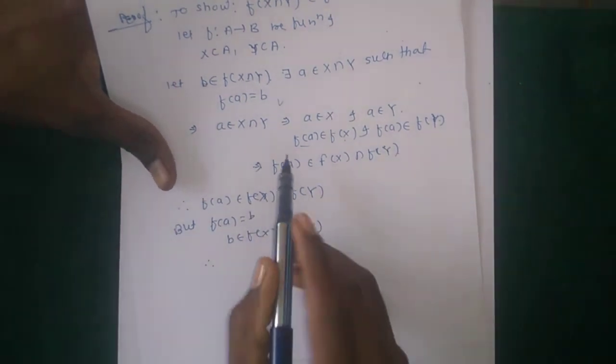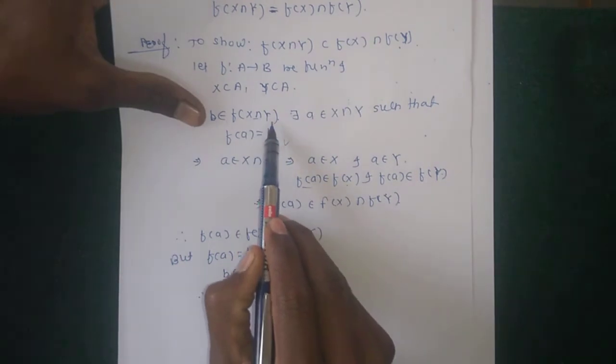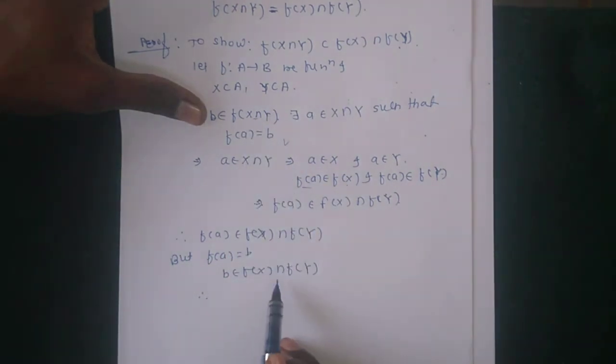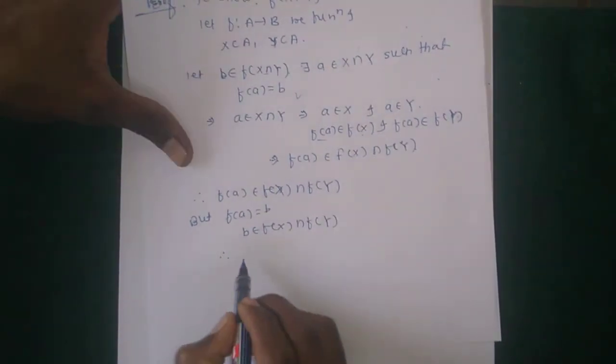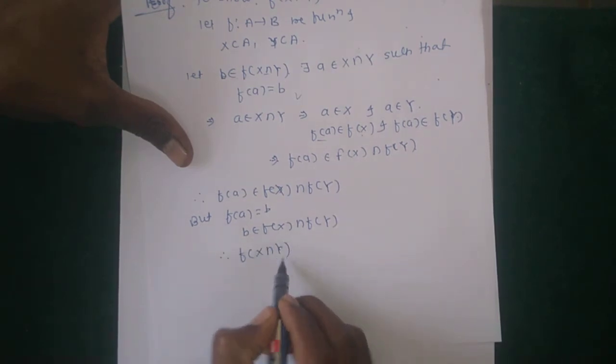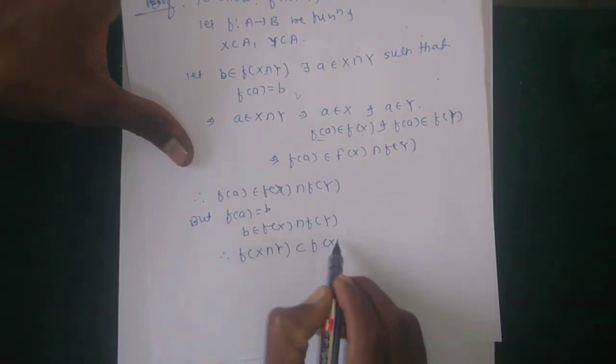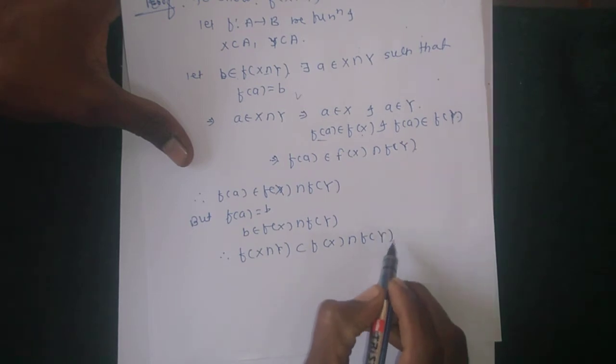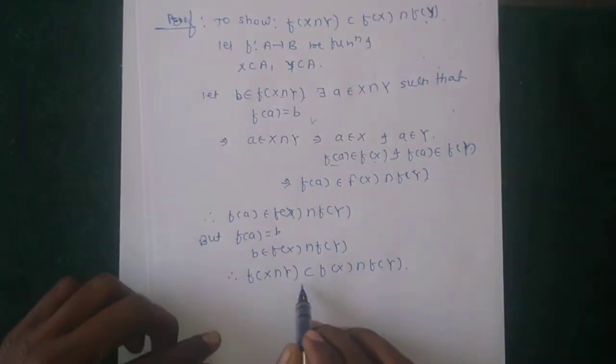Therefore b is an element of f of x intersection y, and it belongs to f of x intersection f of y. Therefore, f of x intersection y is a subset of f of x intersection f of y. Okay, so this is the first part of this theorem.